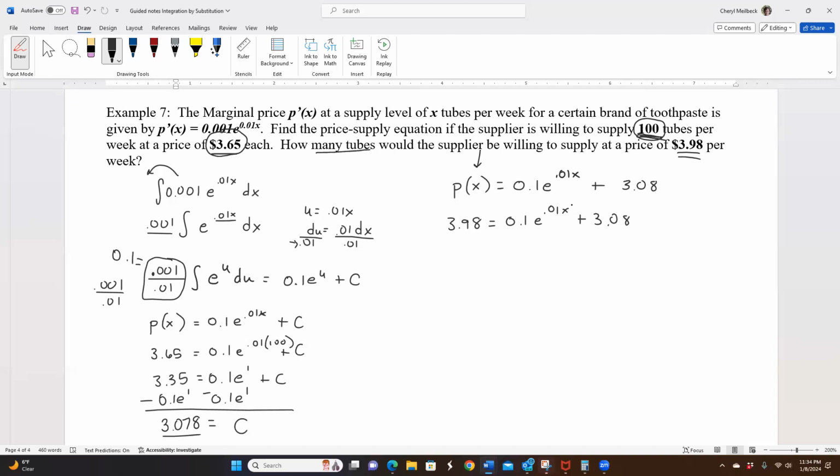Now we solve for x. So if we subtract $3.08 from both sides, we're going to get just 90 cents over here, and that will equal 0.1 e to the 0.01x. To solve this, we want to isolate the e, so we'll divide by 0.1. And we'll get 9.